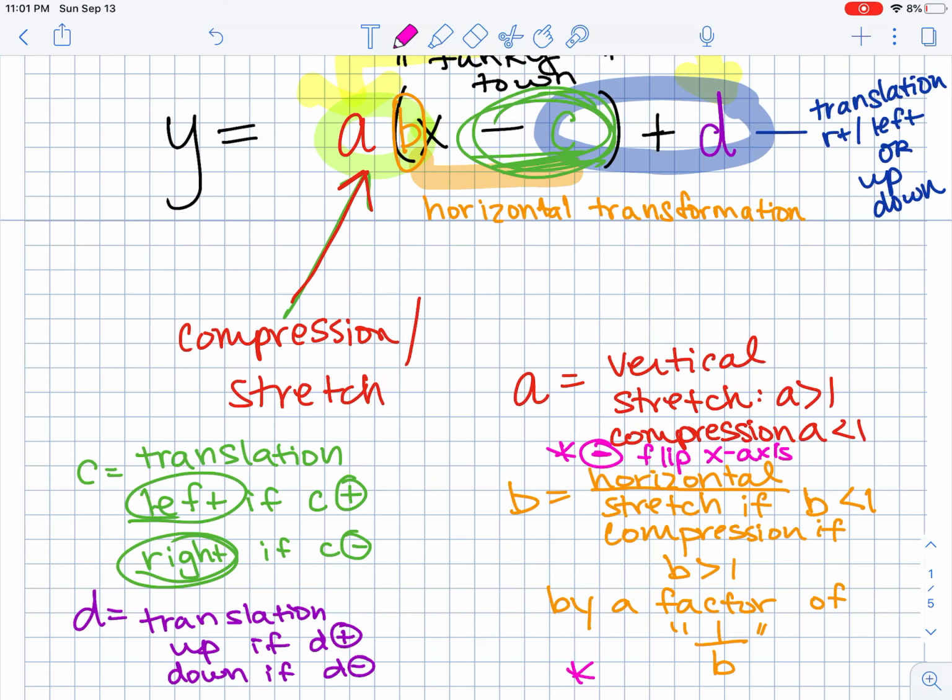And B, if it was negative, it actually flips it across the y-axis. Okay, so there's a lot of information in this little tiny box, but it is super important that you get all of this down, okay? Every single piece.